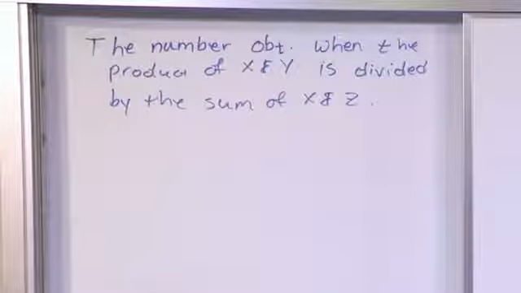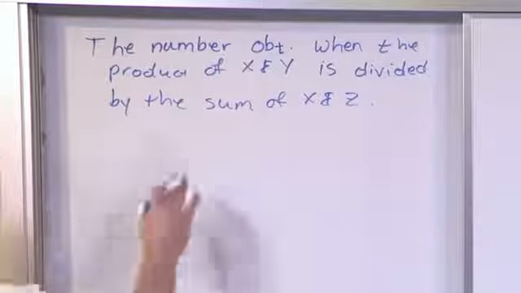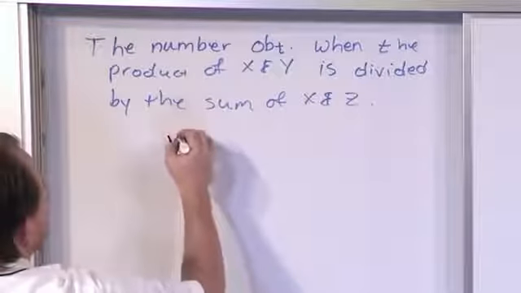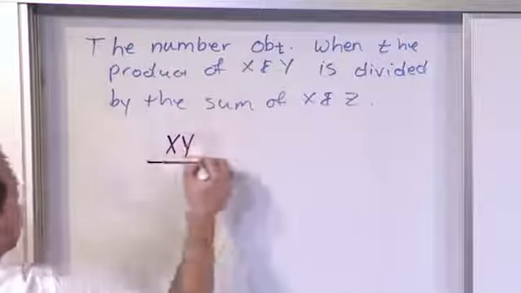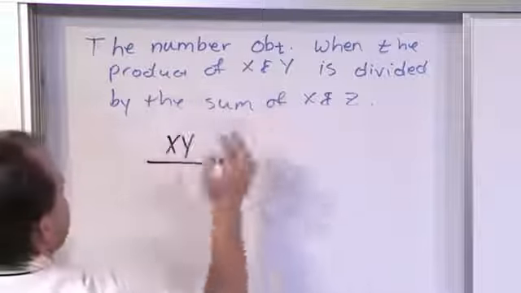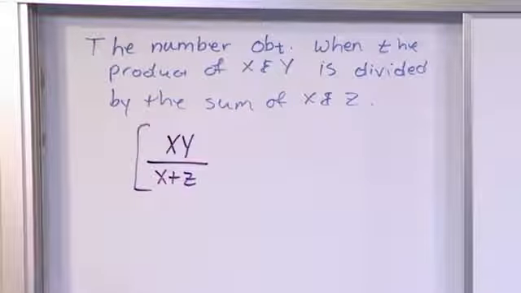So it is the number obtained when the product of x and y is divided by the sum of x and z. We have a product of x and y, so x times y. The product of x and y is divided by something. What is it divided by? The sum of x and z. Sum is with addition here. So x times y divided by x plus z, like this.